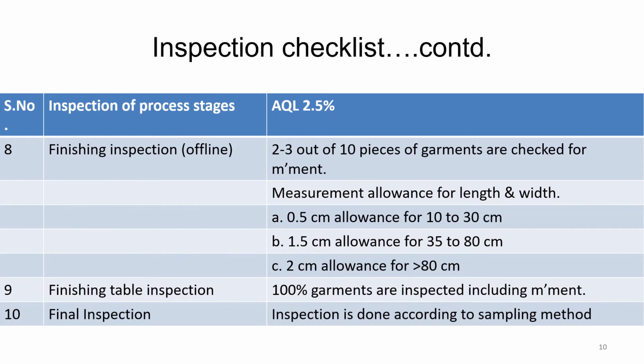If, let's say, for a length between 10 to 30 centimeters, such as the sleeve length, the front length, or the back length, if those lengths are more than 10 centimeters and up to 30 centimeters, then a half centimeter allowance is given. Meaning, let's say the length of the sleeve is 20 centimeters. If upon measuring, the length is seen as 20.5 centimeters or 19.5 centimeters, then it is allowed.